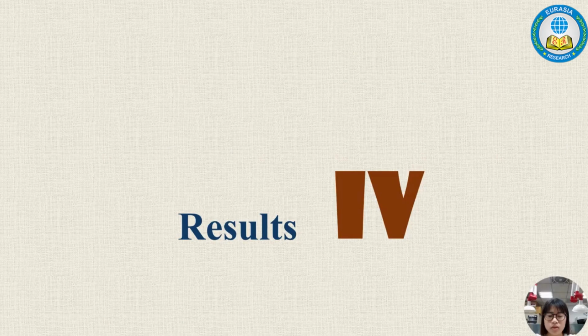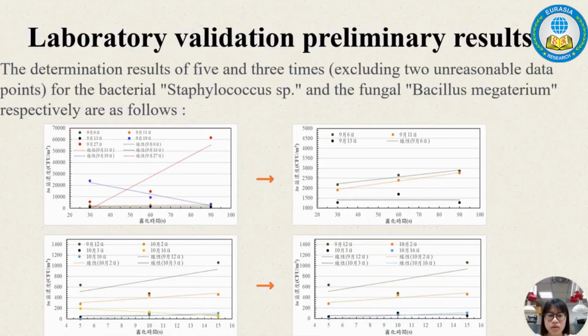4. Results. The results of the laboratory were as follows. Bacteria and fungi were measured 5 and 3 times respectively, excluding 2 outlier data points.